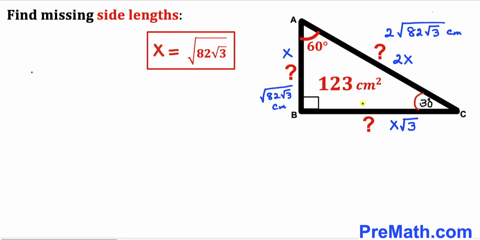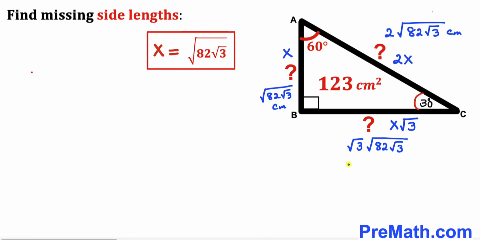And now we are going to focus on this leg. We got x times the square root of 3. So therefore, if I replace this x with this value, then this is going to become simply the square root of 3 times the x value, which is square root of 82 times the square root of 3. And now we can see this is our square root of 3 and this part is our square root of 82.